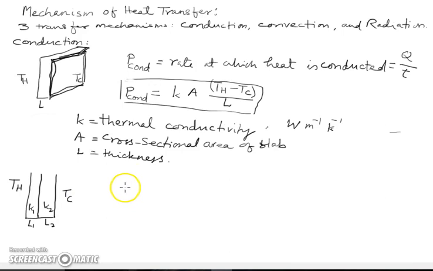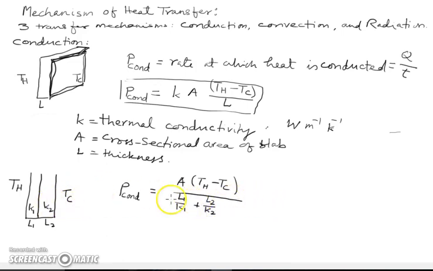So in this case, the P conduction is given as A TH minus TC divided by L1 over K1 plus L2 over K2.